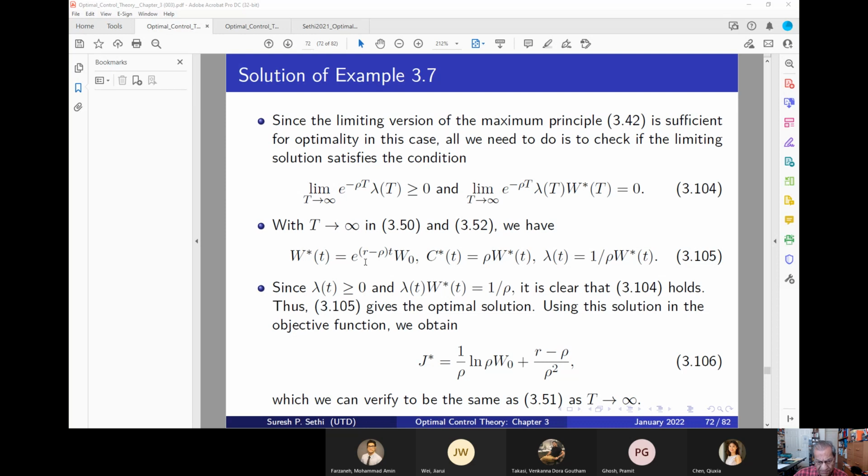On the other hand, if R is equal to rho, then my W star t is exactly W0 forever. And my consumption is rho times W0 forever. And notice, if my consumption is rho times W0 forever, I never consume the initial wealth.